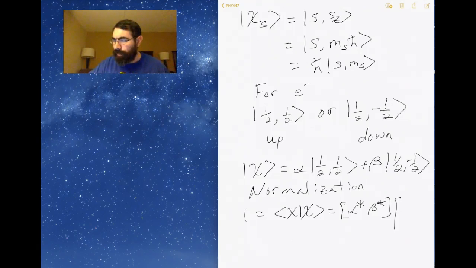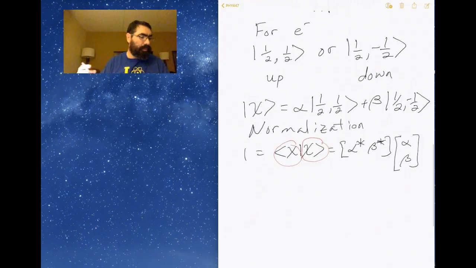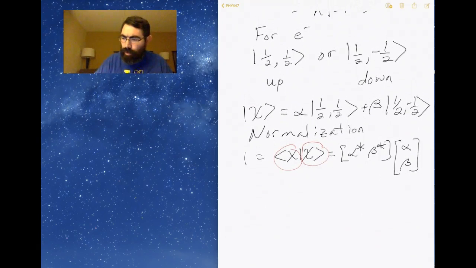And it's just this normalization that we have to worry about. So you get the product of the complex conjugate of the state, the bra, multiplied by the ket as vectors. And so in the end, what we get is 1 is equal to alpha squared plus beta squared.